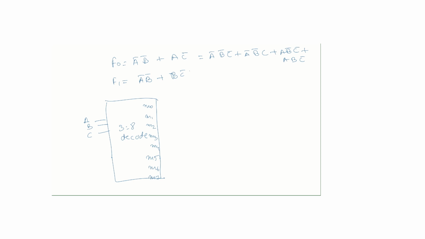This is 0, this is 1, this is 4, and this is 6. So this will become sigma m 0, 1, 4, 6.